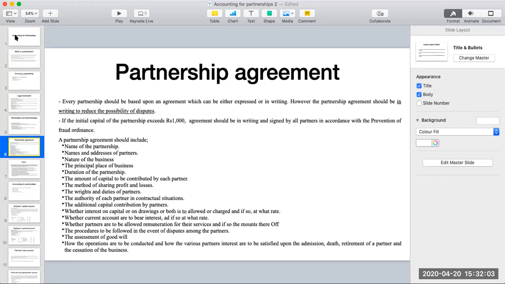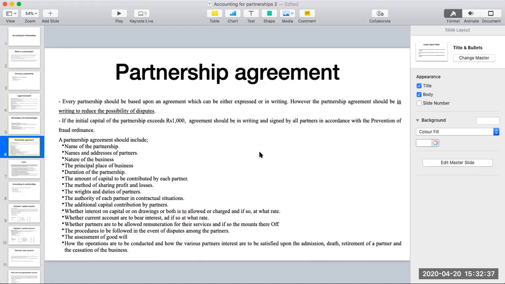Therefore, the possibility of having disputes between the partners will be minimized. Right. Now, according to the acts, if the partnership exceeds the initial capital of ₹1,000, there should be an agreement in writing. And it has to be signed by all the partners. So what are the things that are included in a partnership agreement?